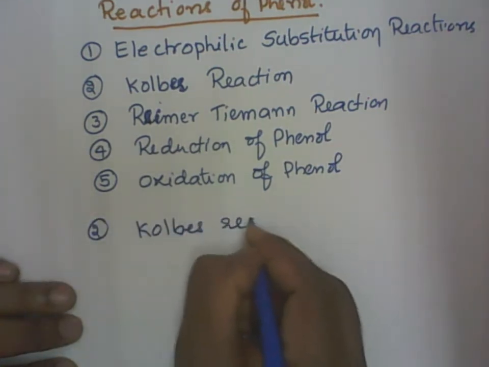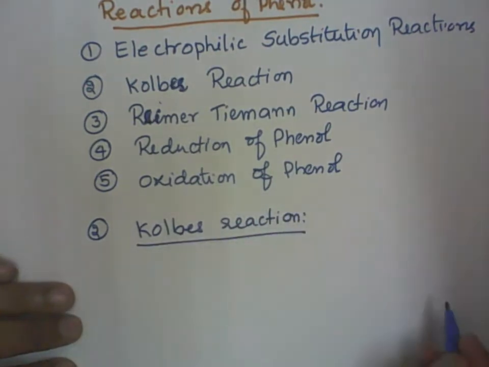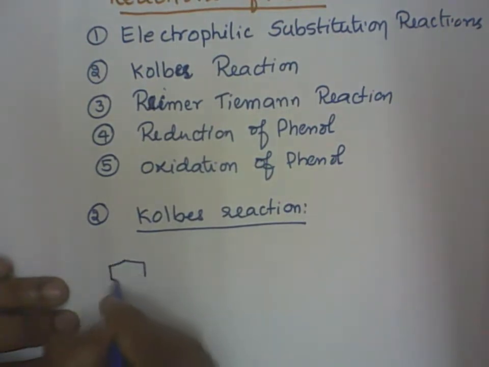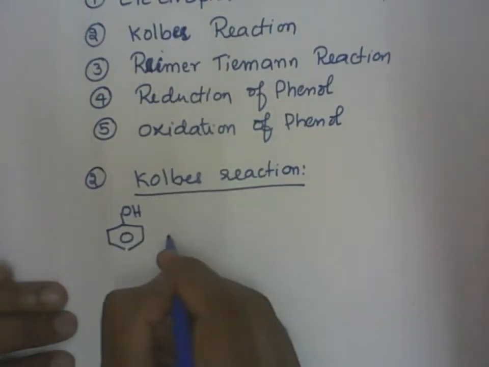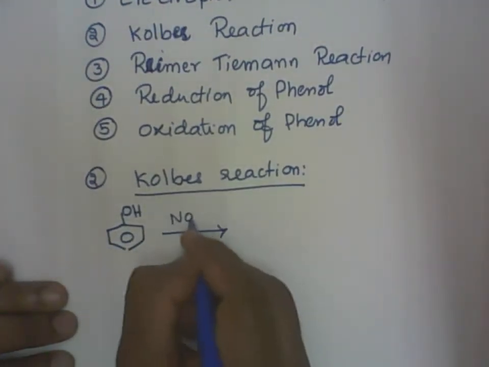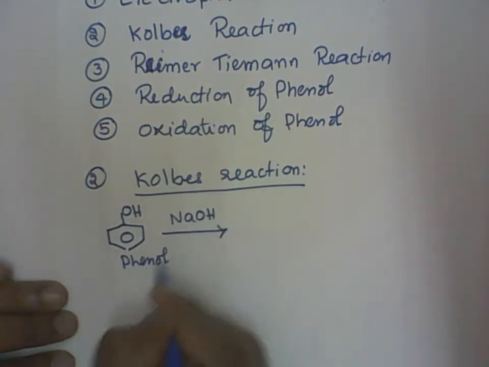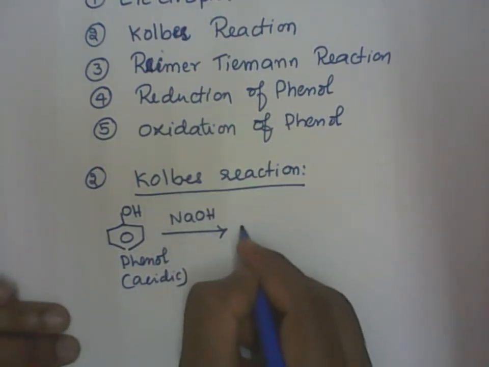Kolbe's reaction. Now these are reactions of phenol, right? So I'll start with the phenol. What is phenol? Benzene ring attached to the OH group. It is treated with sodium hydroxide. Phenol, you know that it is acidic in nature, reacts with the base to give salt and water.